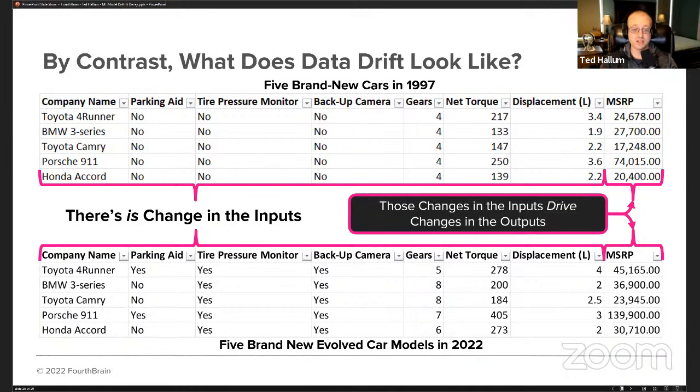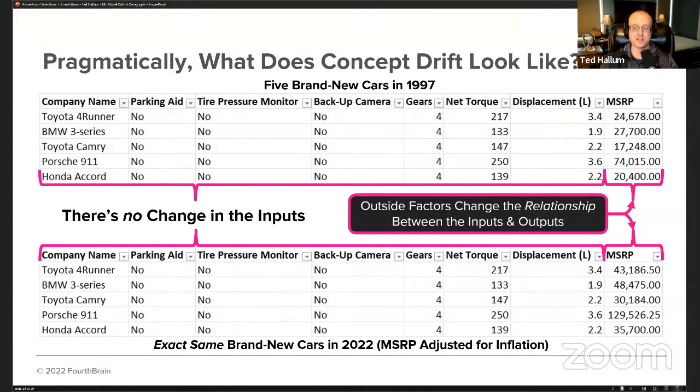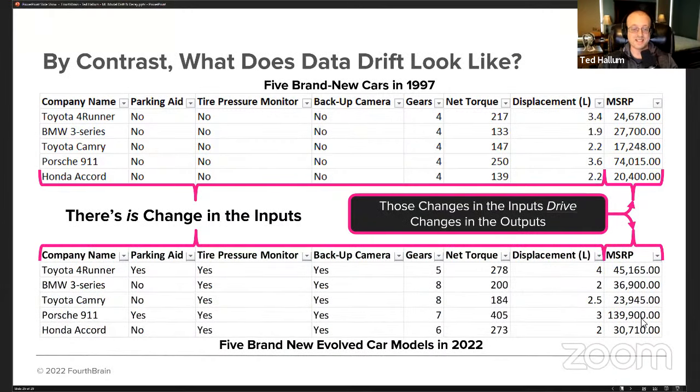So it actually is the features that are driving the prices up, not just inflation. So you can see here, like the Porsche 911, by inflation, the 1997 Porsche should sell today for $129,000 if it's brand new. But instead, you have to spend $140K to get a Porsche 911. And it's a testament to all the extra things we get in cars now, but it costs more money.